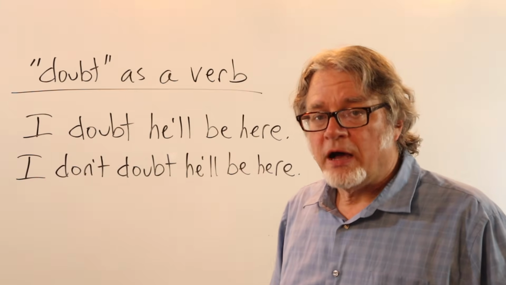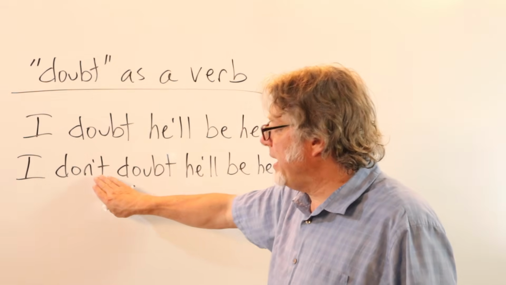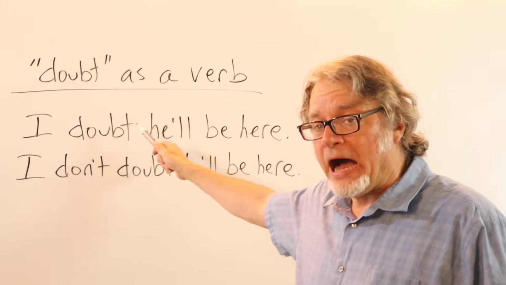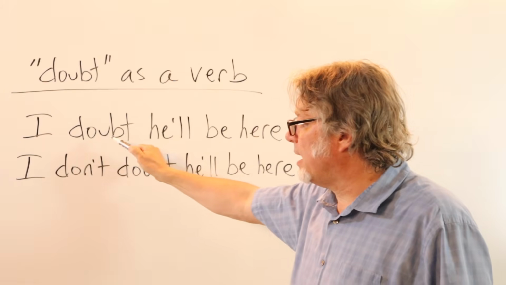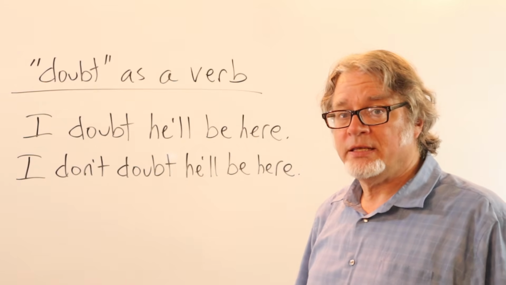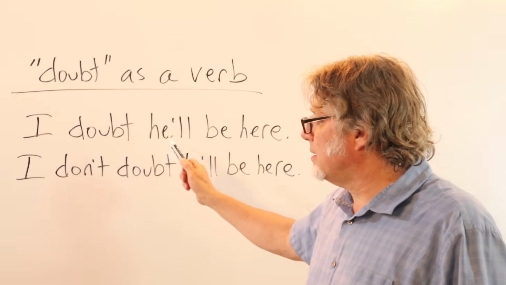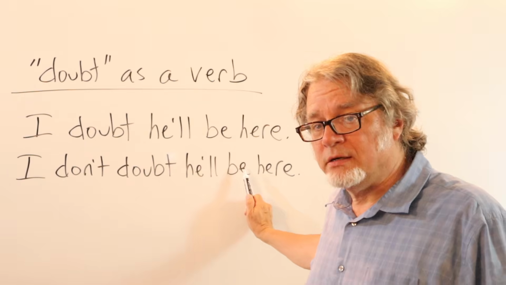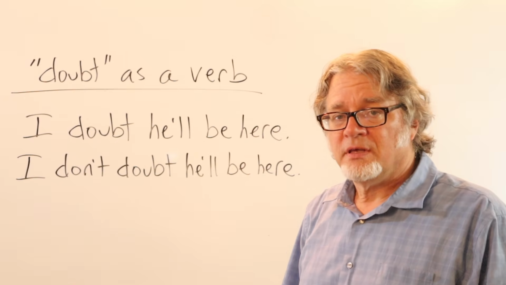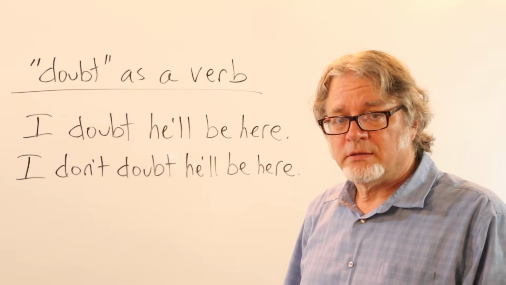The word doubt is often used in the affirmative and in the negative. These two sentences have opposite meanings. I doubt he'll be here. This means I don't expect that he will be here. I don't doubt he'll be here. This means that I have full confidence that he will be here.